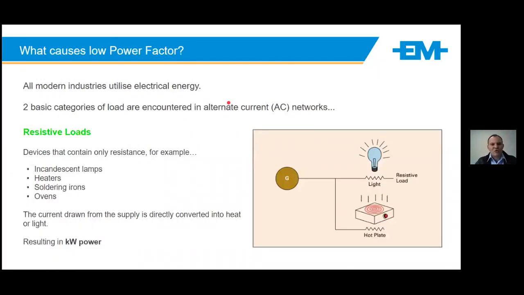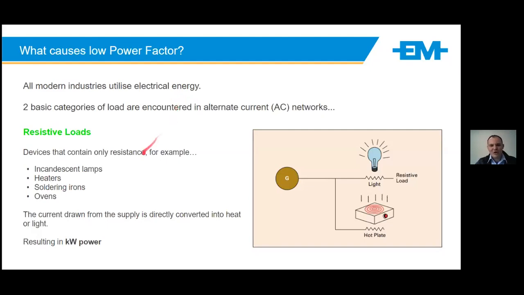So what causes low power factor? As we know, all modern industries use energy. There are two basic categories typically encountered in AC circuits. Highlighted in green, resistive loads. These loads draw current from a supply and it is directly converted into something useful, being heat or light, resulting in what we would call kilowatt.